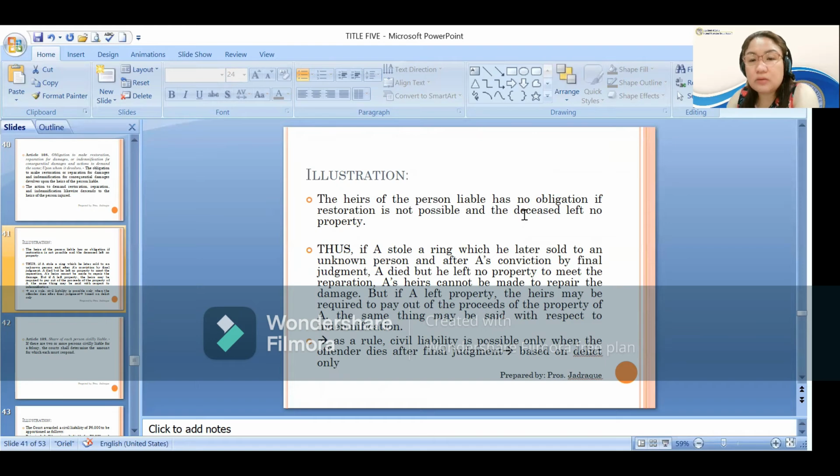But what is to answer for that civil liability is the property of the deceased offender.